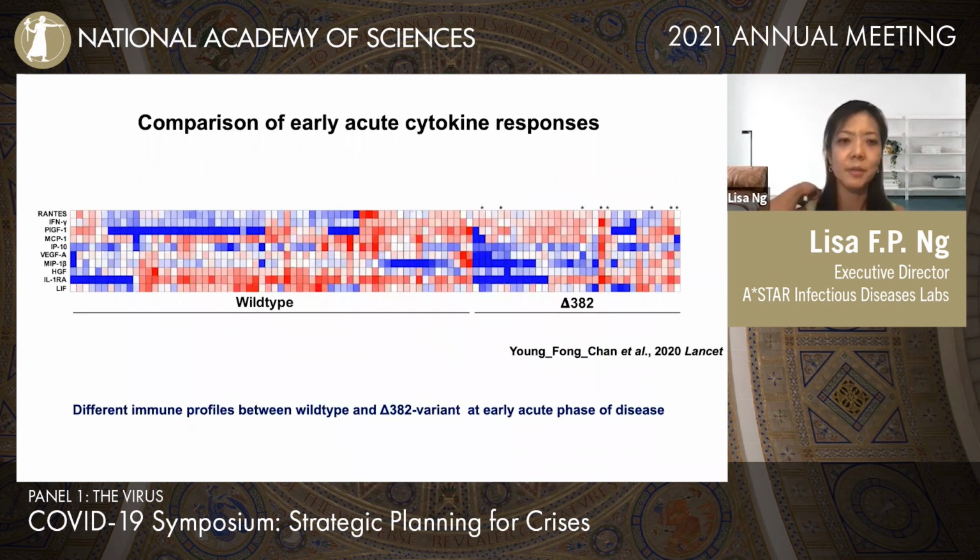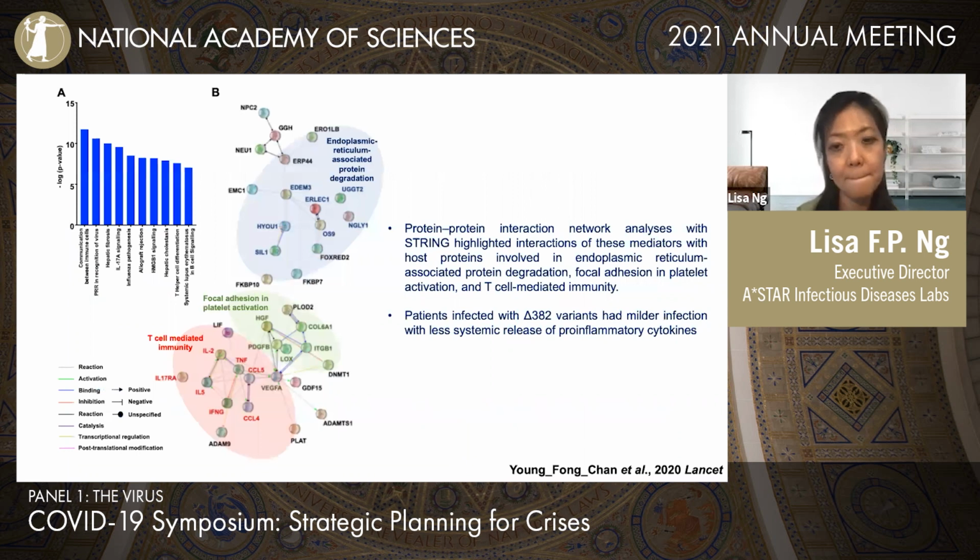But it's interesting because as we compared the immune profiles, you could see from here that patients with the deletion actually had a milder, or rather more muted, pro-inflammatory signature. And this also corresponded to the milder clinical phenotype, where patients had milder disease.